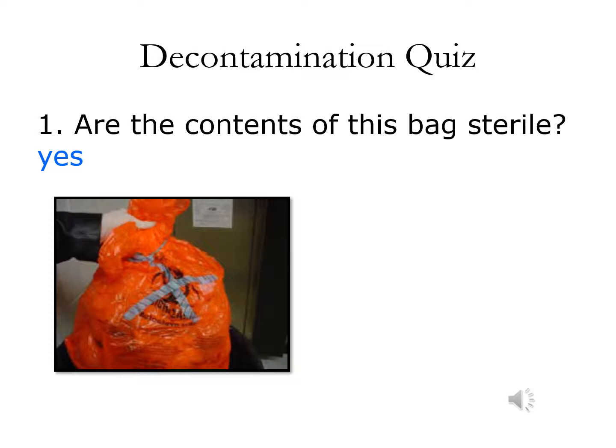Presumably that's going to be 121 degrees, but that tape doesn't tell us anything about the amount of time that the autoclave held at 121 or really the pressure that was created. So that tape is true, but it doesn't tell us everything we want to know.